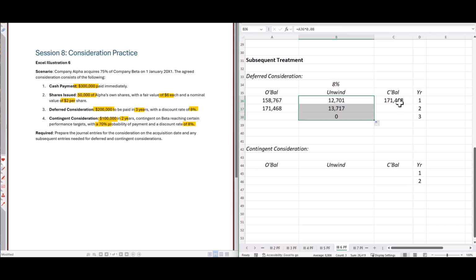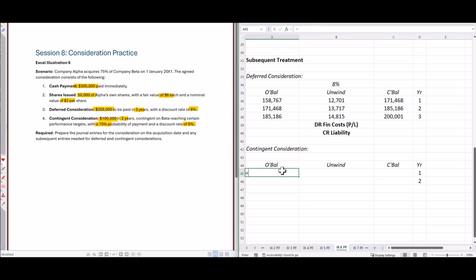Okay, so for the 3 years, we're calculating the opening and the closing, and remember the entries here are going to be debit finance costs in the P&L, and credit the liability. You are increasing the liability over the number of years until it's paid. You are reversing the discounting that you did above. Okay, I know it's one out at 200,001, but that's just rounding.